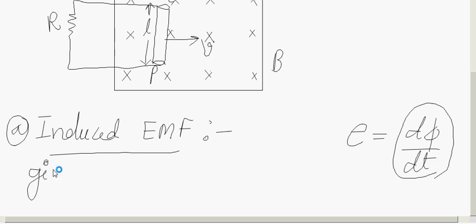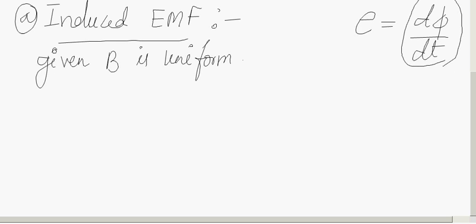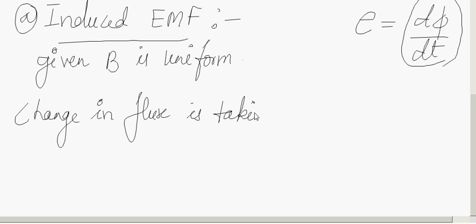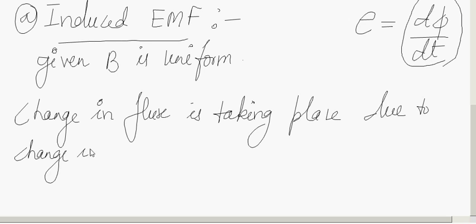Given B is uniform or constant, therefore d phi by dt, or the rate of change of flux, is taking place due to the change in area swept by the loop.